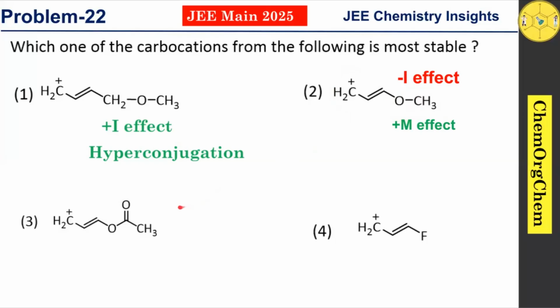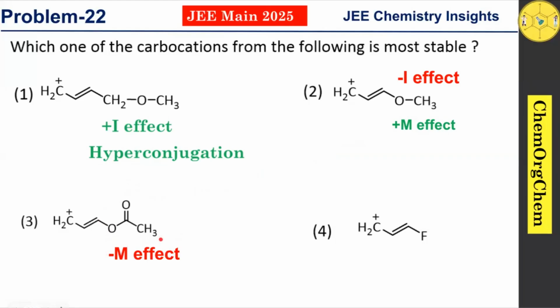So let's move to our third option. Now closely compare our second option and third option. In the second option we have a methoxy group; however, in the third option we have an ester group. The ester group potentially withdraws electrons from this center by the minus M effect.